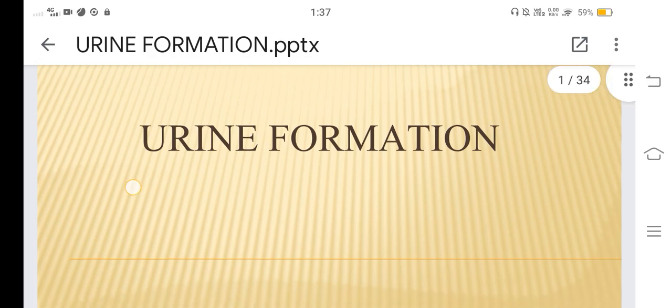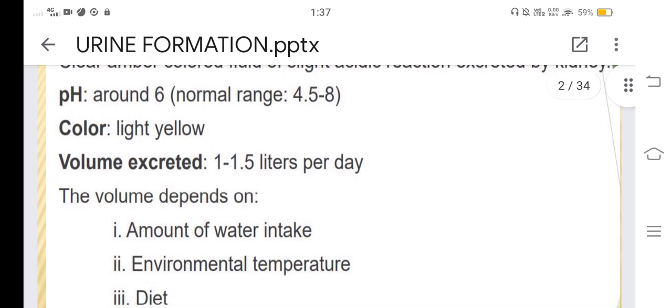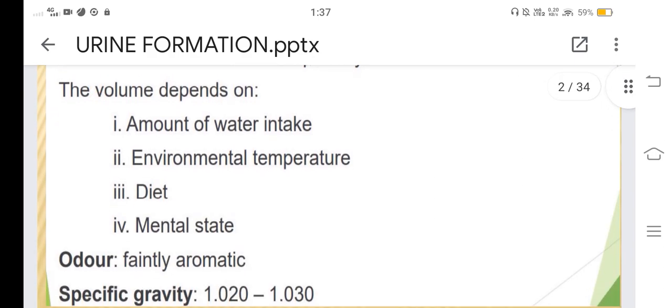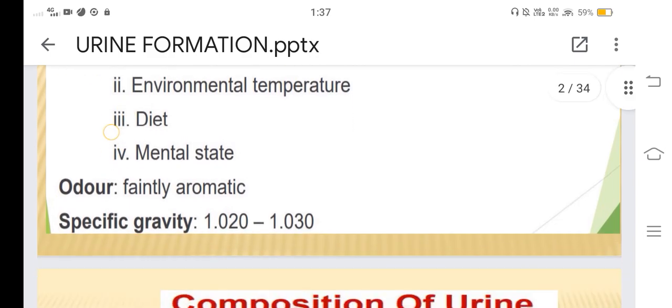Next topic, urine formation. Urine is a clear amber colored fluid of slightly acidic reaction excreted by the kidney. pH around 6, normal range 4.5 to 8. Color light yellow, volume excreted 1 to 1.5 liters per day. The volume depends on the amount of water intake, environmental temperature, diet, and mental state.